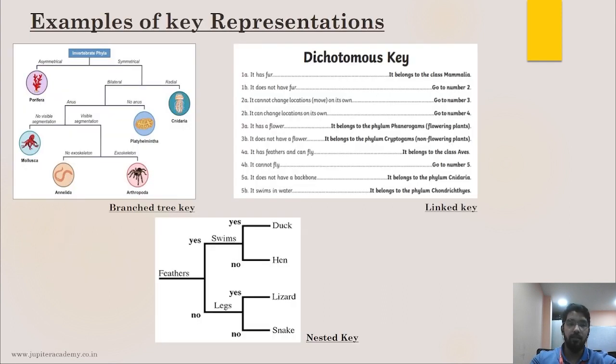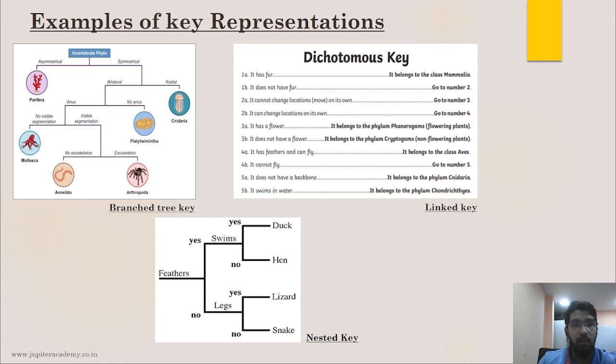Let us look at examples of key representations, starting with the first one, which is the branched tree key, where a pictorial representation of the contrasting characters is given. First we start with the invertebrate phyla, in which we have two contrasting characters: either symmetrical or asymmetrical.